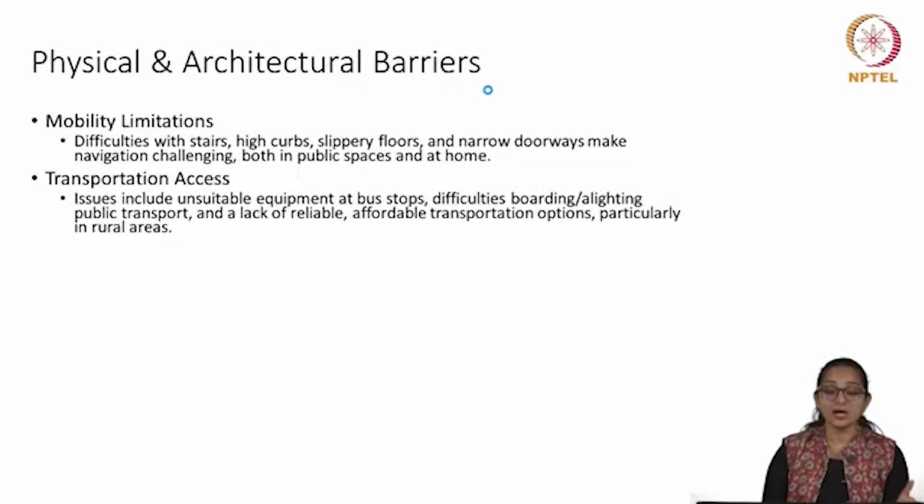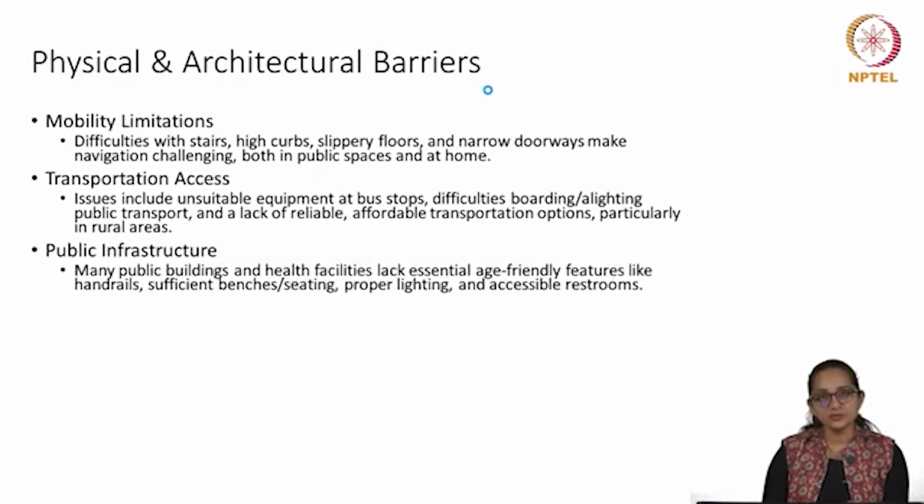Then there can be transportation access related barriers, which include suitable equipment to board buses at bus stops, difficulty in boarding or alighting public transport like trains, buses or any other form of transport, and a lack of reliable, affordable transport options, particularly in rural areas.